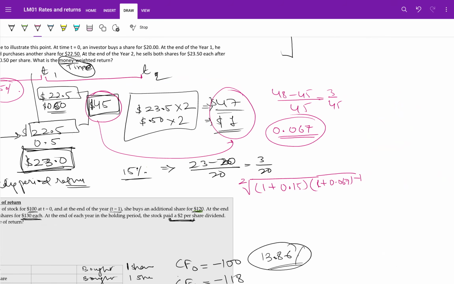Let me just calculate it here. 1.15, 1.067, minus 1 under root. Let's use our calculator.